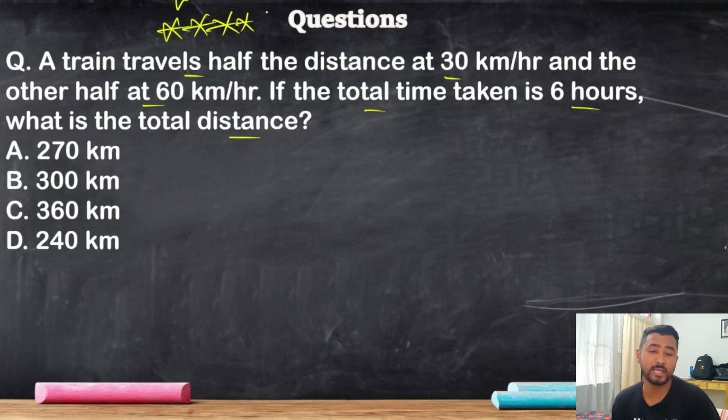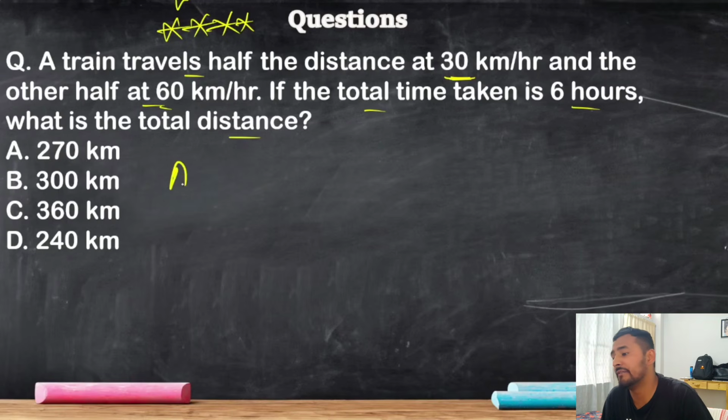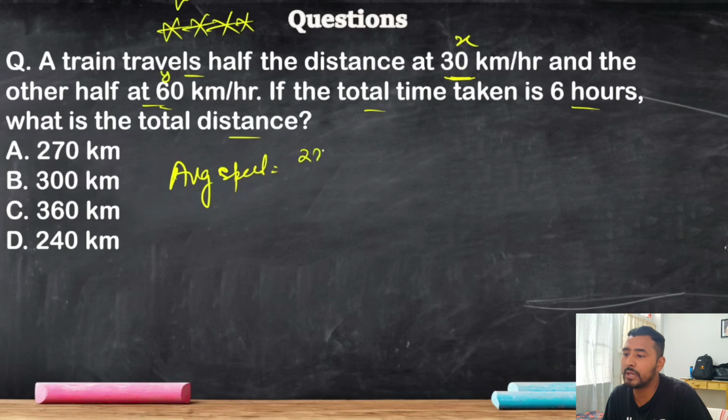Okay, so to do this one, the first thing you should remember: the train travels half the distance at 30 and the other half at 60 kilometers. We are getting 2 speeds, right? So can we get the average speed first? How will we do average speed? Suppose this is our x, this is our y. We know the formula, right? 2xy divided by x plus y.